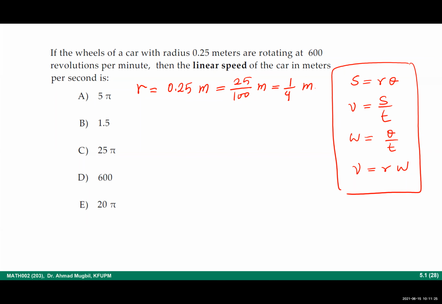So this is R. Are rotating at 600 revolutions per minute. So this is not omega, by the way. But then what is the linear speed? What is V? What is nu?